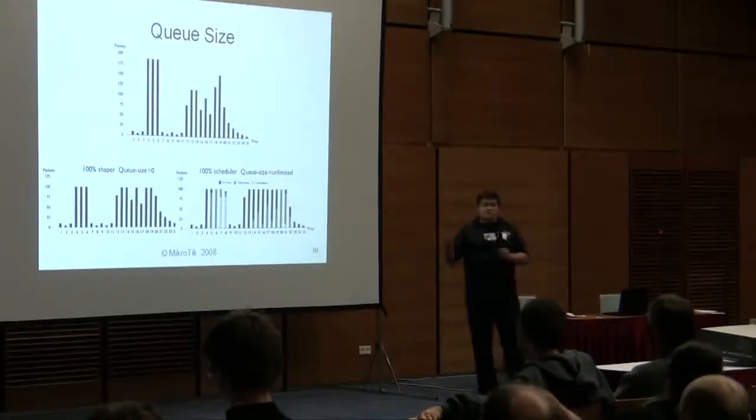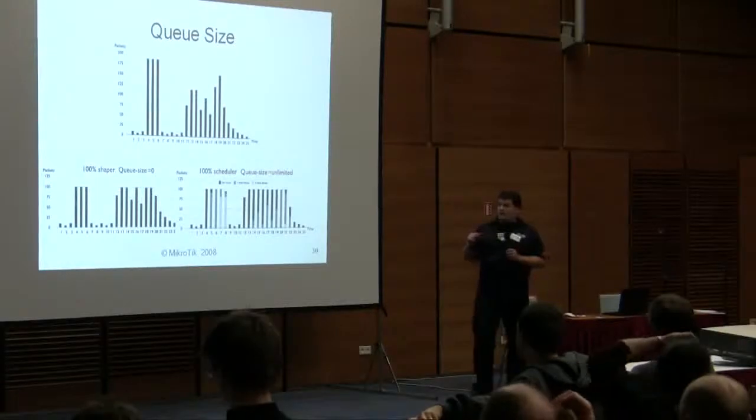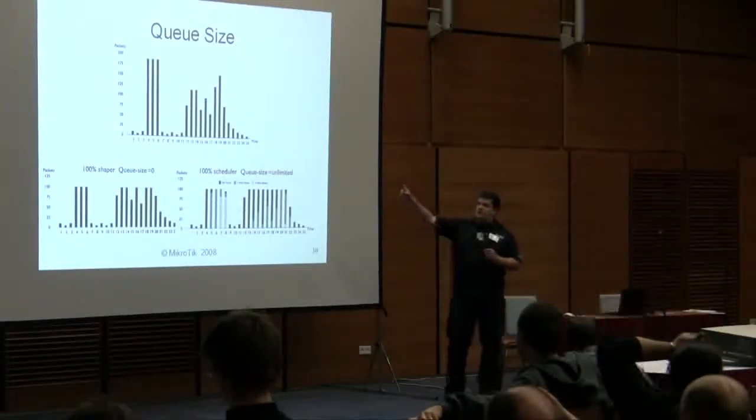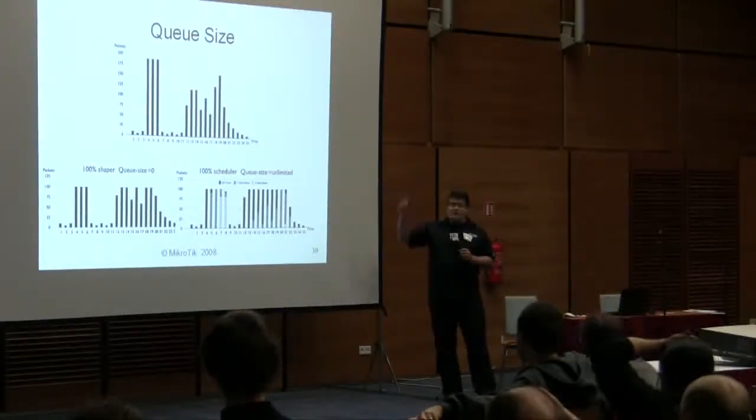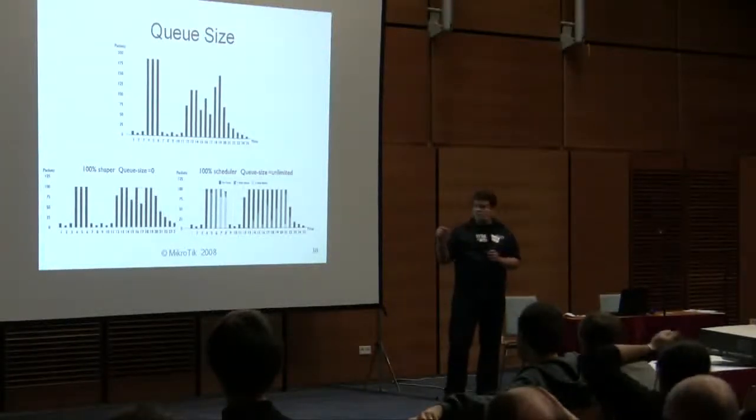If somebody has been to our official wiki manuals, there's one about queue size. With the example that I have over here, I explain why you should have at least some queue size.